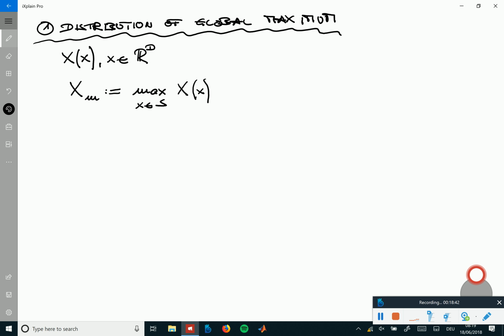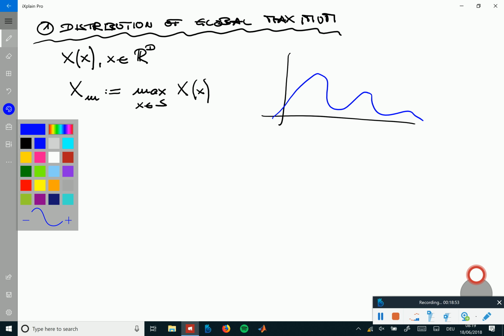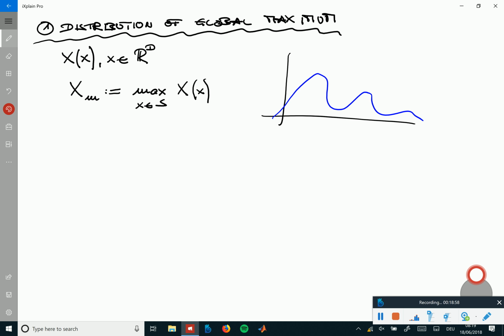So for visualization of what this means, this is a realization now, and then the maximum of this is, of course, at the location where the highest point is. But remember that there are two things. One is the maximum and one is the argument of the maximum. We are here interested in the maximum, so this value on the y-axis, that's our xm in this realization.